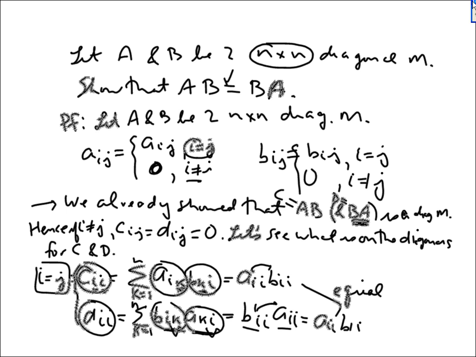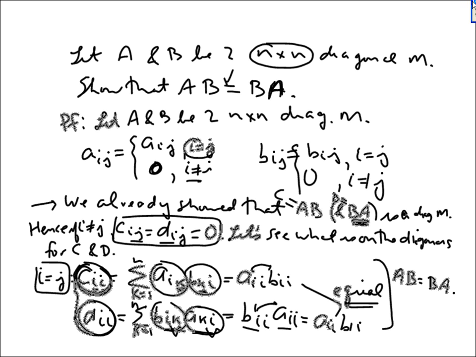So here, they're equal. So now you can say AB equals BA. They're equal off the diagonal, where there are always zeros, and they're equal on the diagonal. So they're equal everywhere. On the diagonal, off the diagonal, AB equals BA.